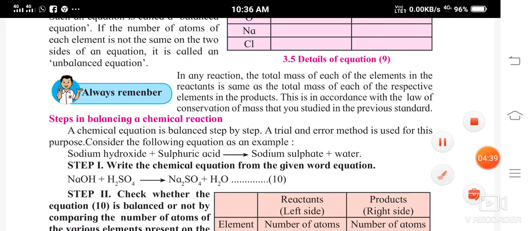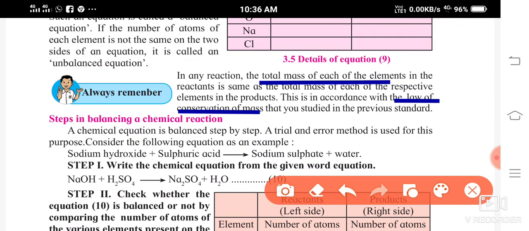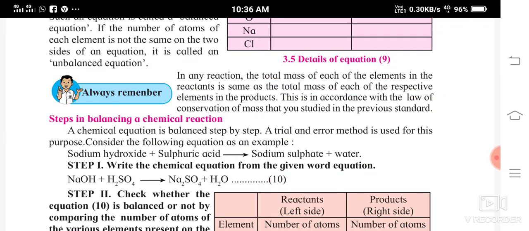You have studied the law of conservation of mass, right? The total mass of each of the elements in the reactant is the same as the total mass of each of the respective elements in the product. Let me show it to you in the equation.